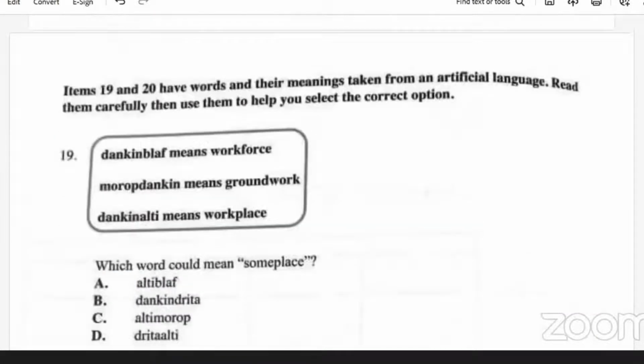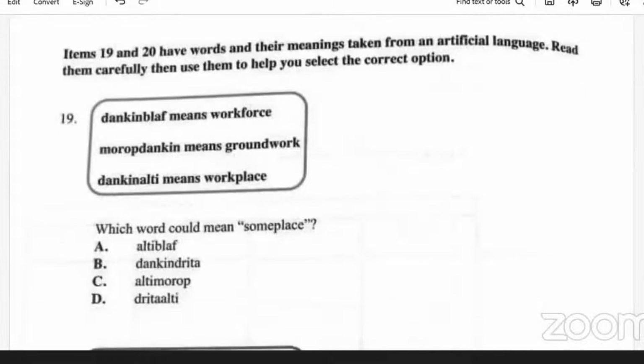All right, question 19. And these, you have to be a little bit careful with these, especially with these unknown languages. All right, so items 19 and 20 have words and their meanings taken from an artificial language. Read them carefully, then use them to help you select the correct option. All right, so I'm going to attempt to read these words.